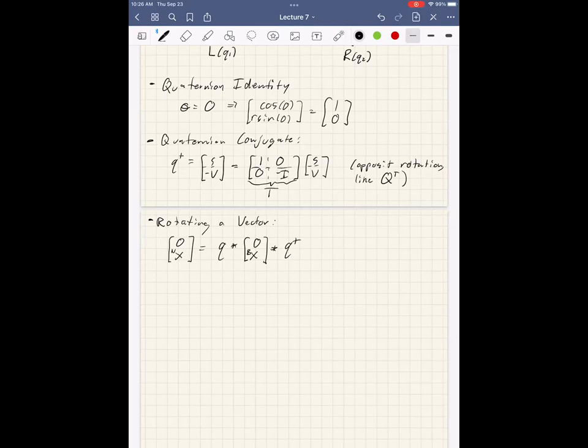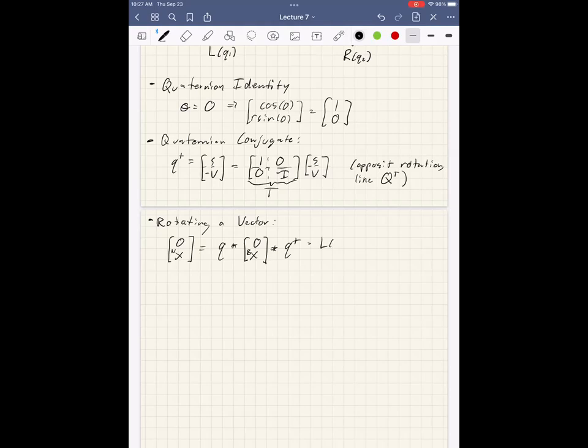And the analogous thing here is if I had matrices, this is how I rotate a matrix from one frame to the other, right? I smush it on both sides with the rotation matrix. So think of this like a matrix, and that's kind of what you do. You smush it on both sides. And we can also write this in terms of those L and R matrices, right?